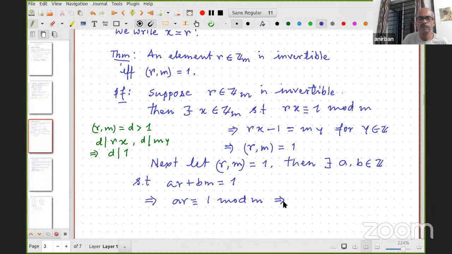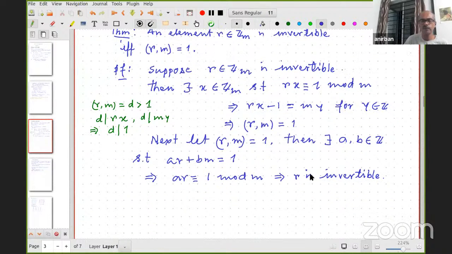So that implies that R is invertible, just by definition of it. So R is invertible. This part is also straightforward, of course, modulo this fact, which we would discuss. So that is our first theorem.